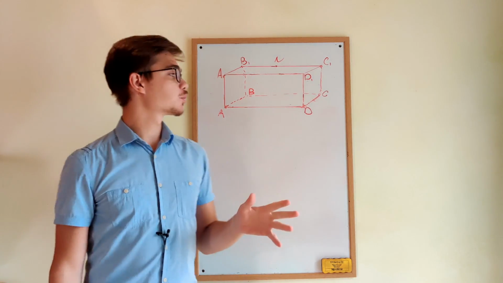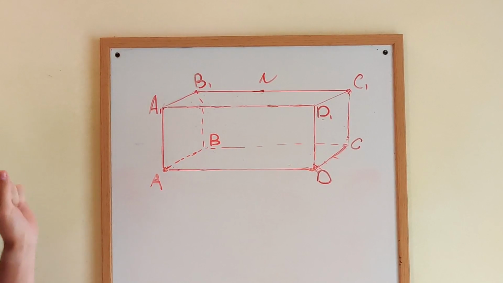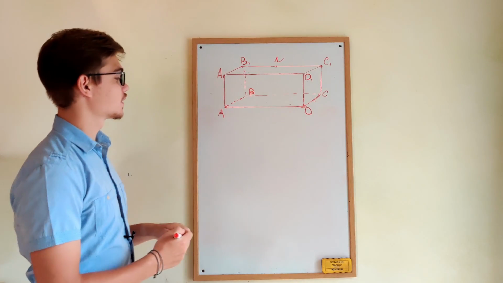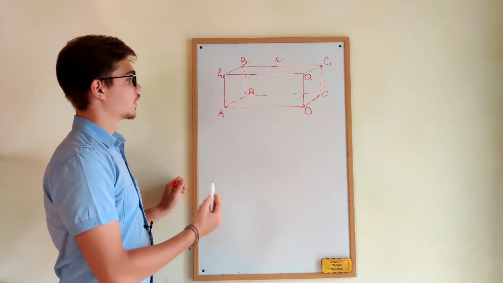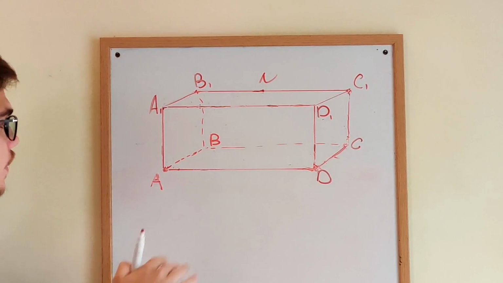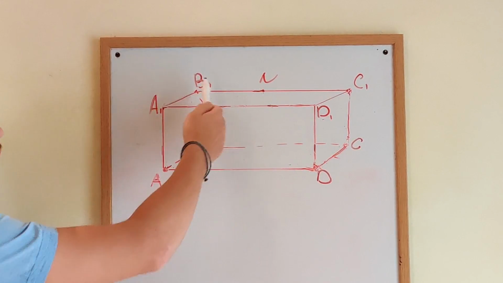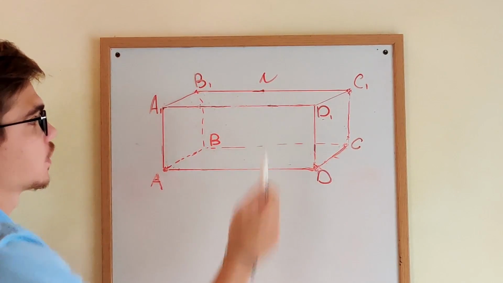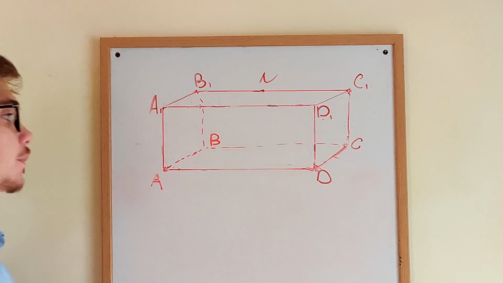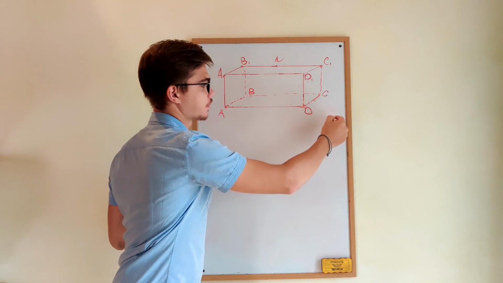So in this problem we have a rectangular parallelepiped and the section of it, and it's stated in the problem that the section passes through the side AD, which lays on the bottom base, and the middle point of the side B1C1. So this point I labeled N, and the plane of the section is called gamma.